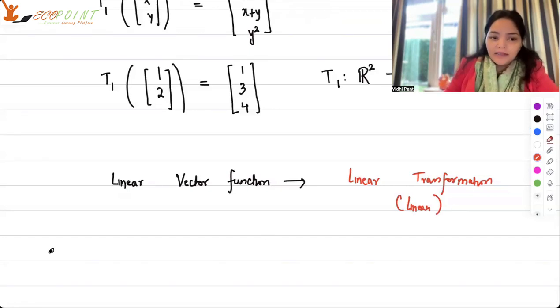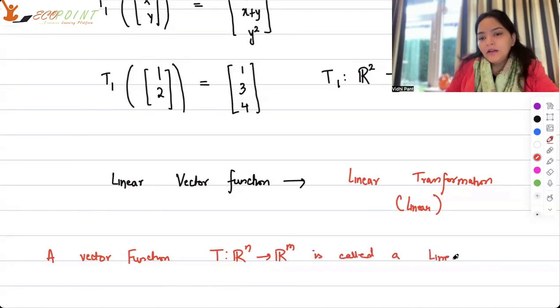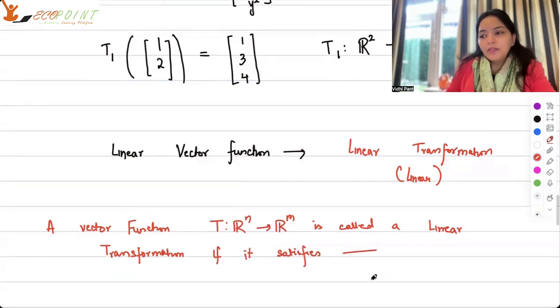We say that a vector function T from Rn to Rm is called a linear transformation, or simply linear, if it satisfies two properties.